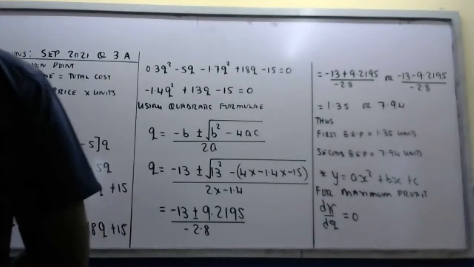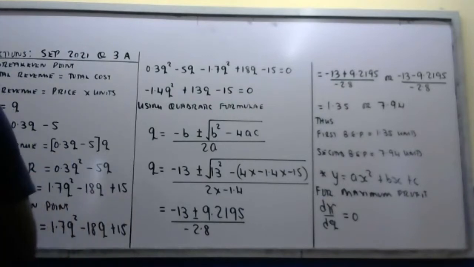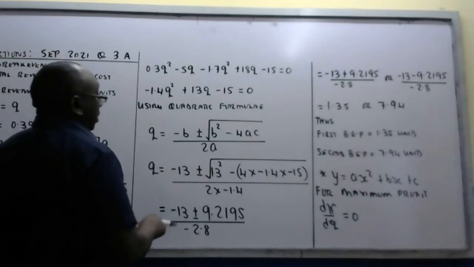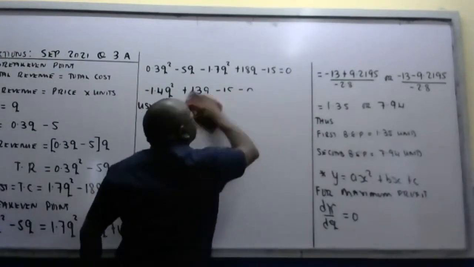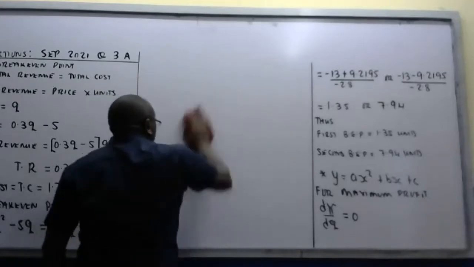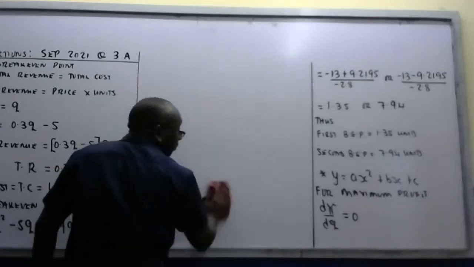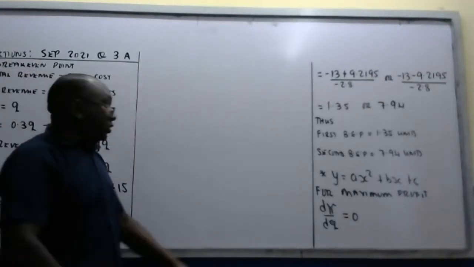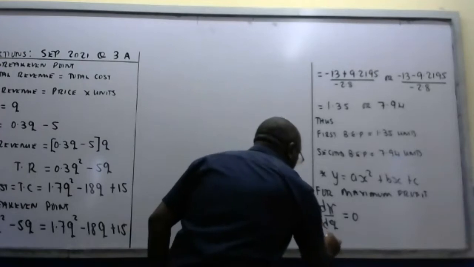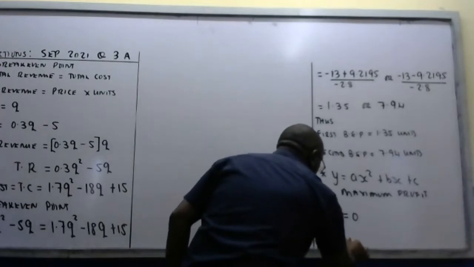So, how do we get pi? We need to come back here and say the differential of pi with respect to q is 0, and pi represents total profit.